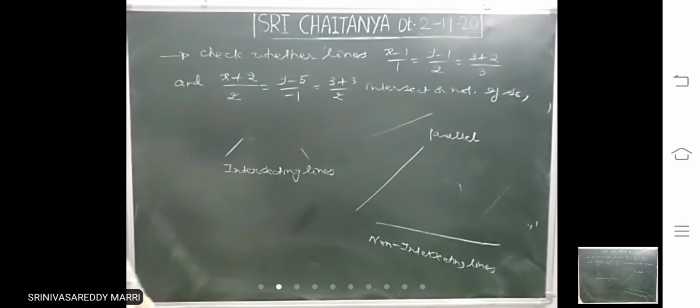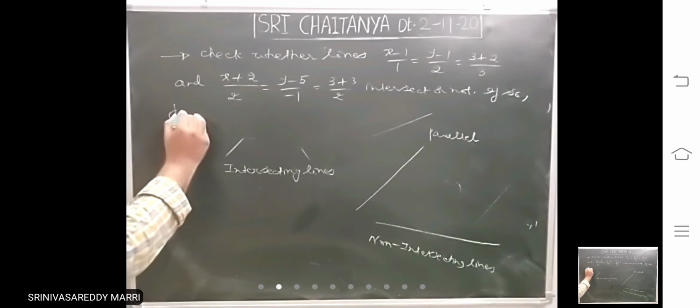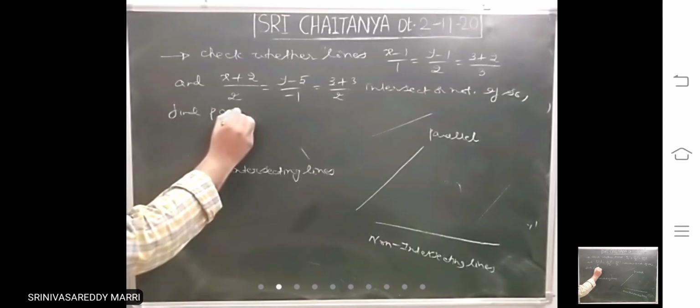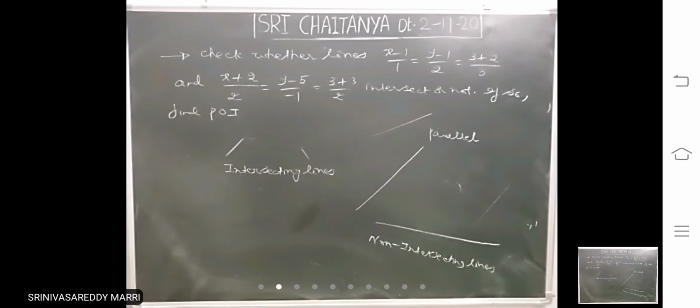If so, find the point of intersection. POI means point of intersection.